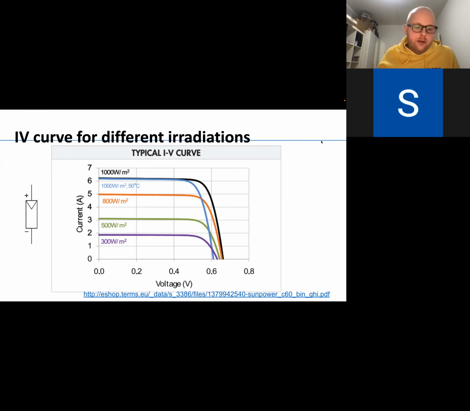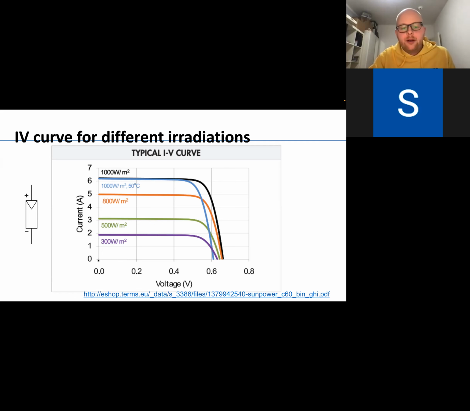If you put a voltage of 0 volt on your solar cell, you get the maximum current. It's usually called the short circuit current. If you don't pull any current at all, it's all the way on the right of the graph, you get the maximum voltage. It's usually called the open circuit voltage.